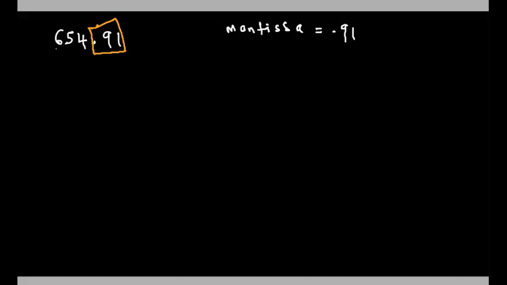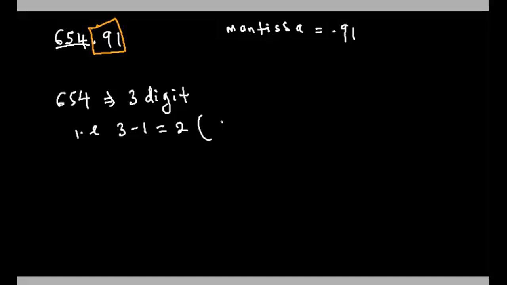We have 654 there as the whole number, which implies that it has 3 digits in the whole number. So do the same thing by doing a minus 1 always. I'll have 3 minus 1, which is equal to 2, and therefore 2 happens to be the characteristics, while 0.91 is the mantissa.